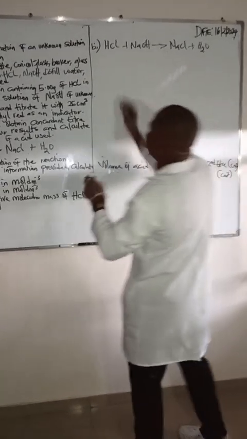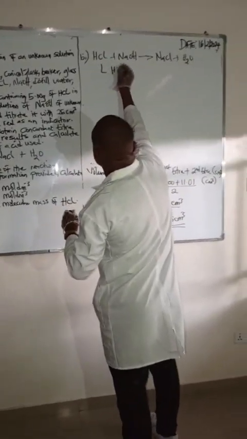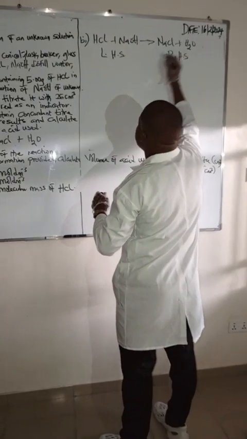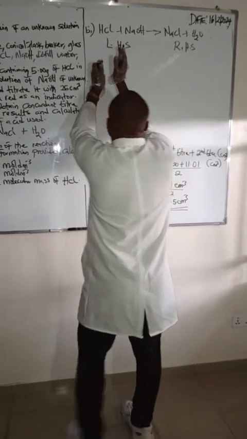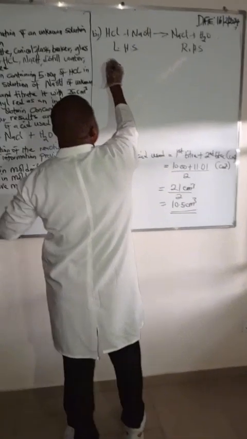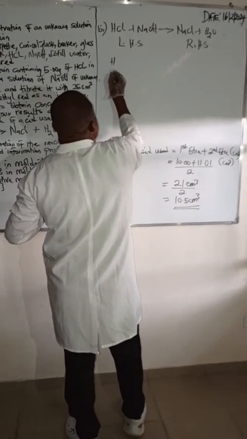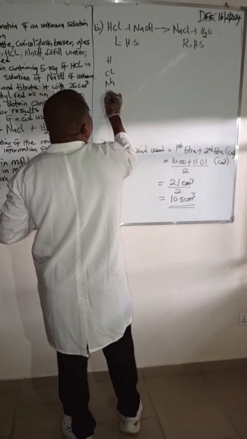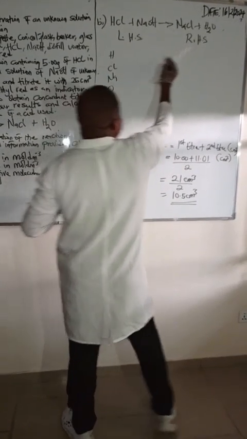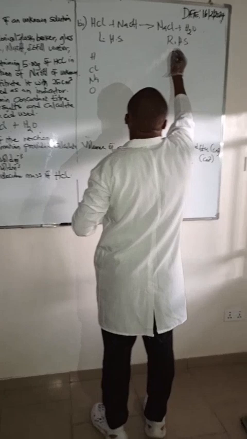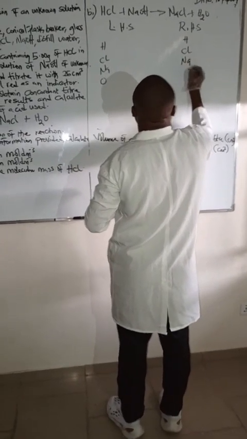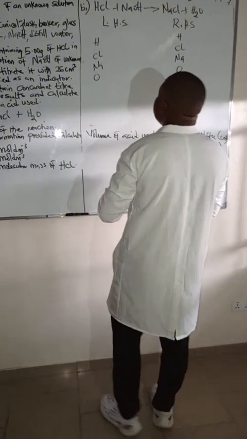The reactant is called the left hand side. The product is called the right hand side. The elements from the reactants are hydrogen, chlorine, sodium, and oxygen. The same thing on the right: hydrogen, chlorine, sodium, and oxygen.